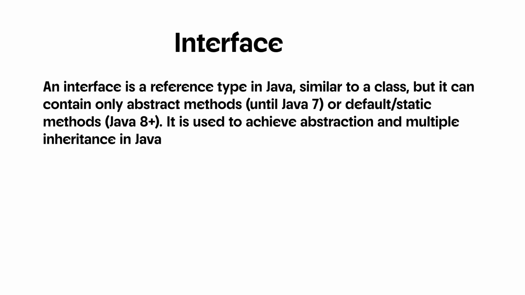Interfaces are useful because they let you achieve abstraction, hiding the details, and multiple inheritance in Java. A class can implement multiple interfaces, allowing it to follow multiple contracts. For example, you might have an animal interface with a method makeSound, and both dog and cat classes can implement it in their own way.